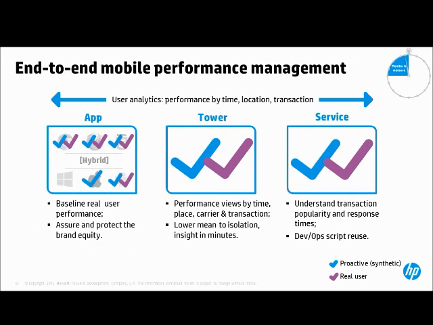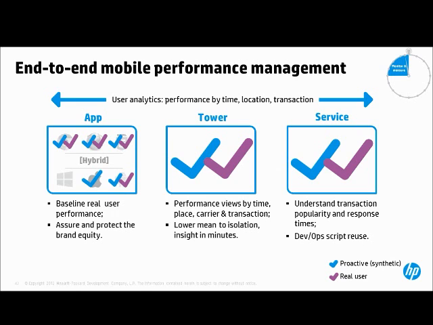So the end-to-end mobile performance management solution, or APM, Application Performance Management Solution from HP, helps us solve across all the layers in the mobile application. And it can not just pinpoint problems, but also help us do analytics and predict with respect to where the problems might arise in the future.